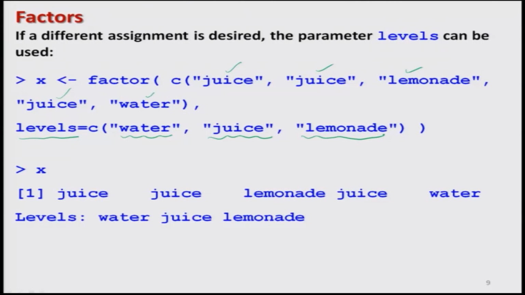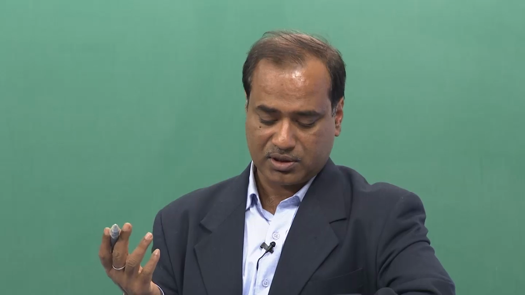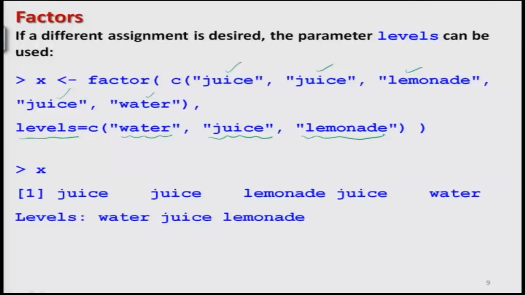Now, you can notice this is not alphabetically ordered. Earlier it was alphabetically ordered and we had juice, lemonade and water, but now I want to give it a different level according to my wish or my requirement. So, I have to simply specify labels equal to whatever is my wish for the labels which I want to give to this data set.